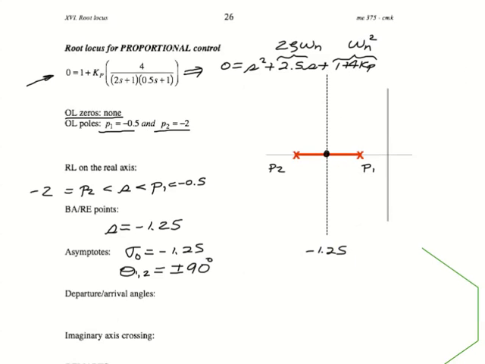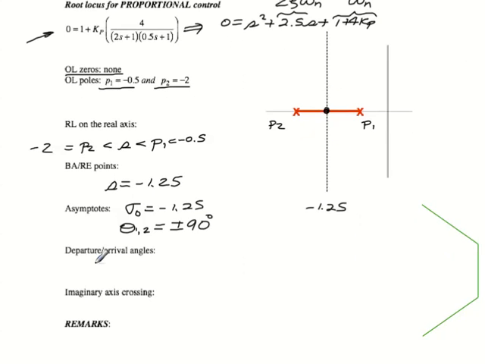Departure and arrival angles, well, that's non-applicable here, because we have no complex open loop poles or zeros. If you do Rule 8, you'll see that there's no value of gain for which the root locus crosses over into the right half plane.